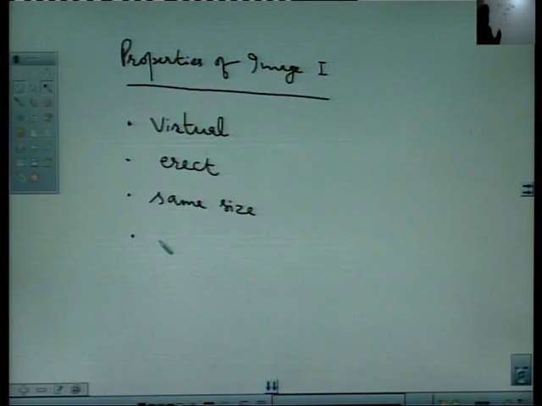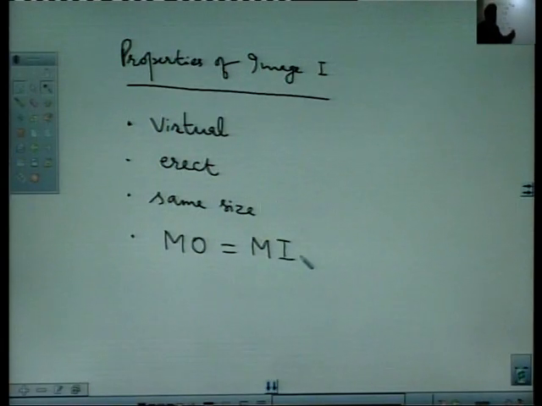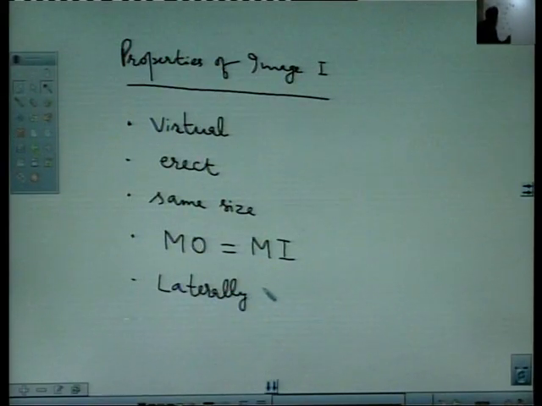Image is at the same distance from the mirror as the object. As the object is in front of the mirror, the image will be as far behind the mirror. And the last point is, it is laterally inverted. These are the 5 characteristics of the image formed by a plane mirror.